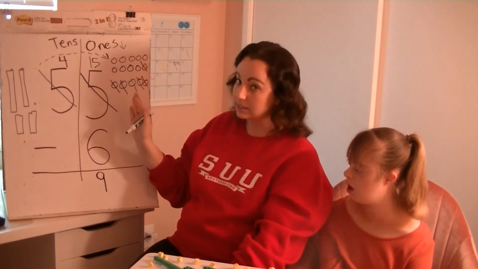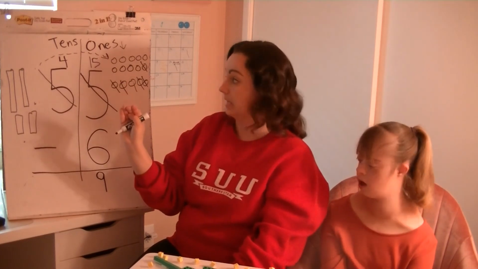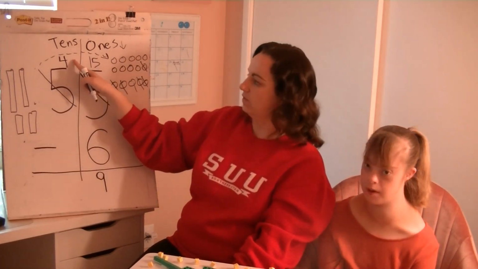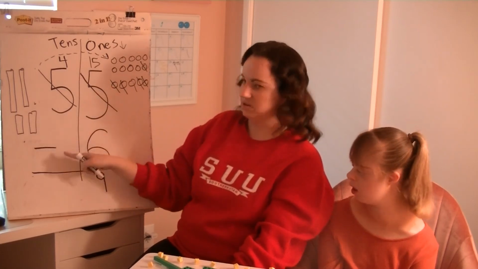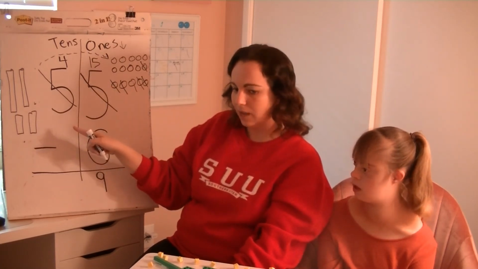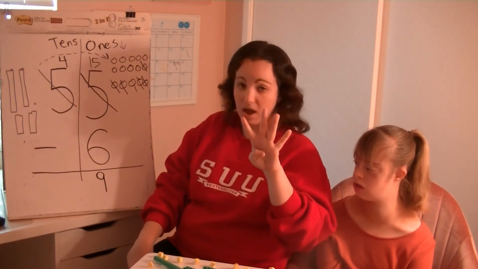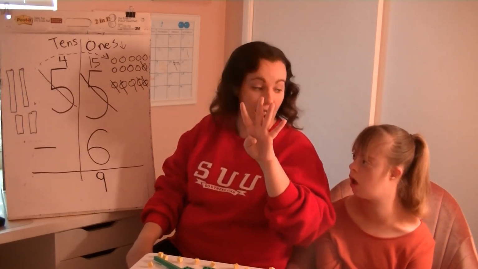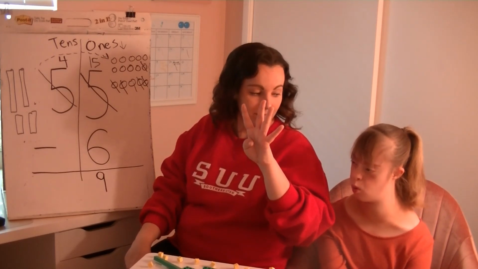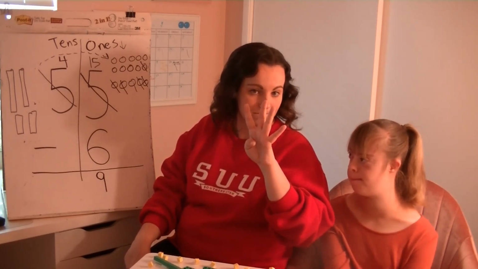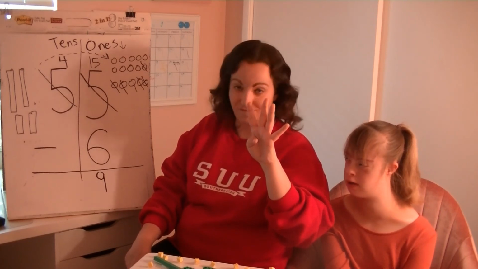Okay, I did the 1s side. Let's go look at the 10s side. Remember, I only have 4 10s now. 4, take away nothing. How many do I still have? 4.